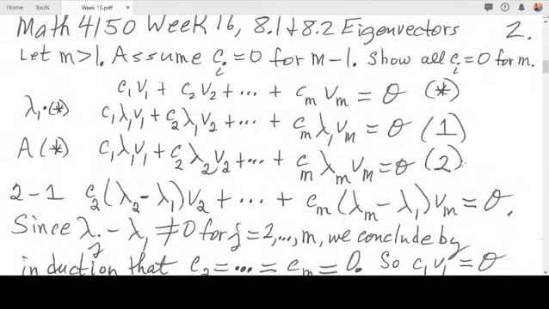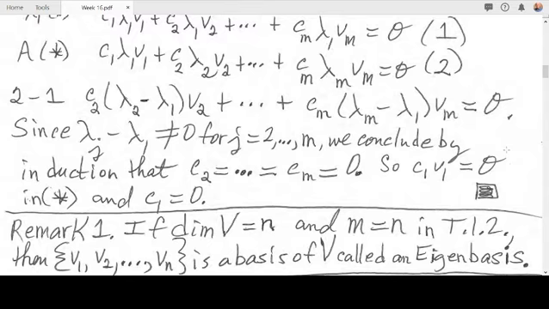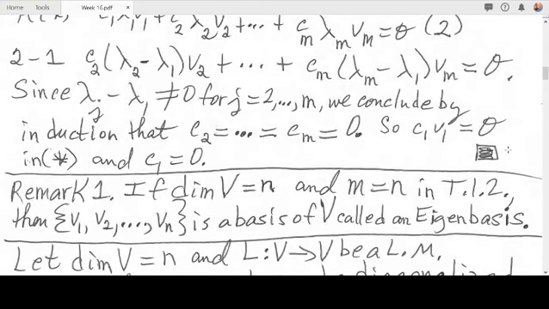You start out first with the linear combination of the v sub i equal to 0, and then you multiply that by lambda 1, and then you multiply by A, and then you subtract those two equations. Since lambda j minus lambda 1 is not 0 for all the j's running from 2 to m, we conclude by our induction hypothesis, which is true for m minus 1, that c2 all the way to cm must be 0.